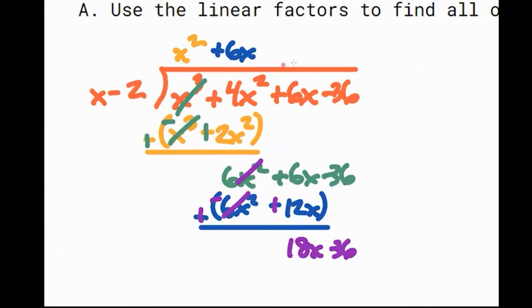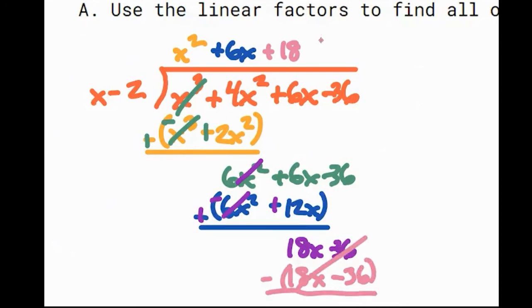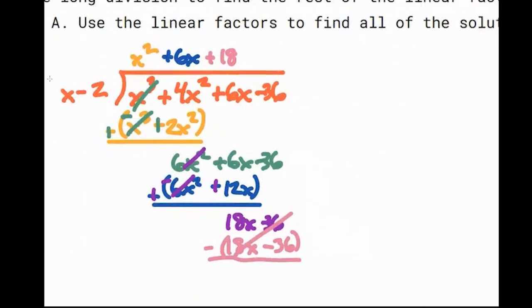Okay, now based on this, you can just do plus 18 here, and it's going to be 18x minus 36. So that's all going to cancel out, so you will not have a remainder for this one. And now you can use quadratic formula to figure out this top part here factored. So it's going to be x is equal to negative b plus or minus the square root of b squared minus 4ac.